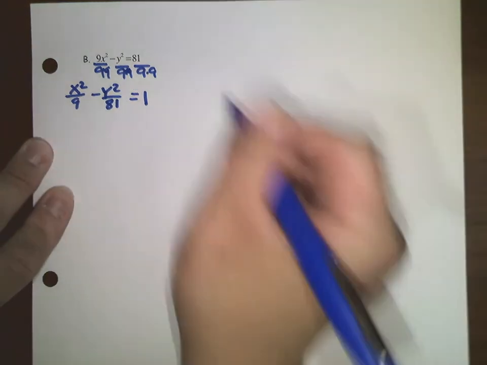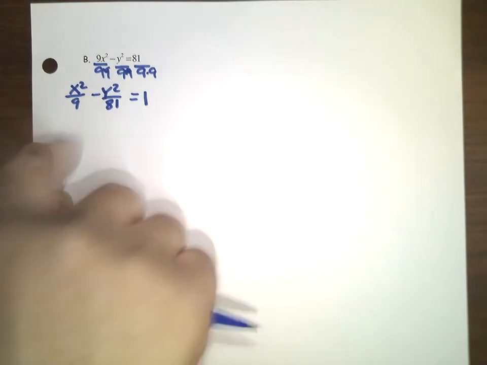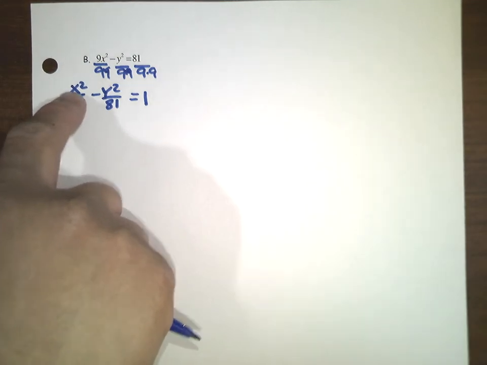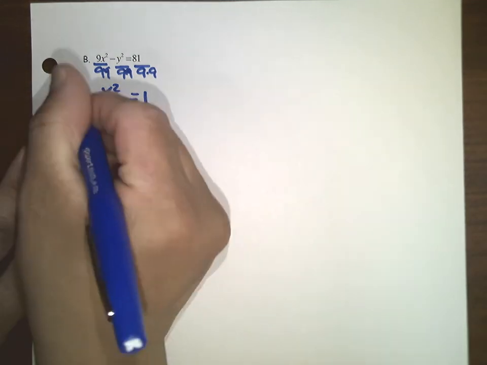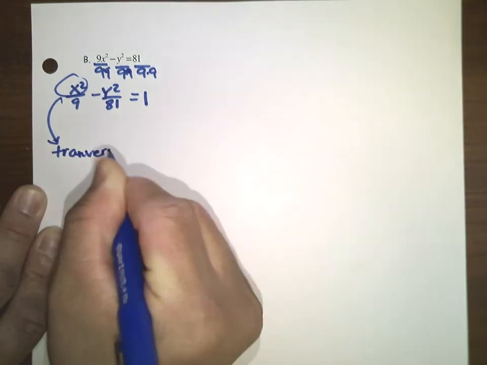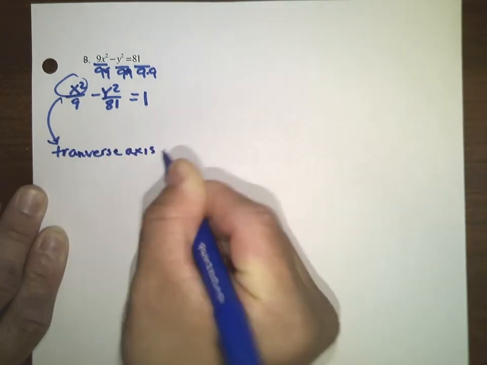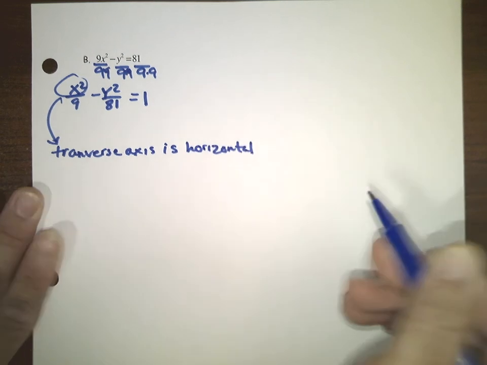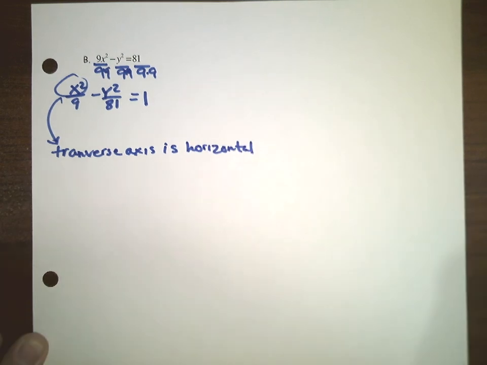And then you see that because the x squared is right over here, we need to have a transverse axis that is horizontal this time instead of vertical. That's really the main difference here.